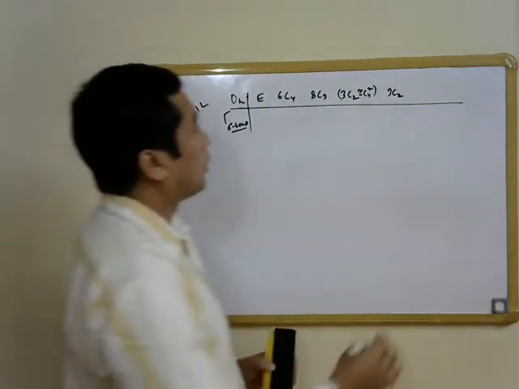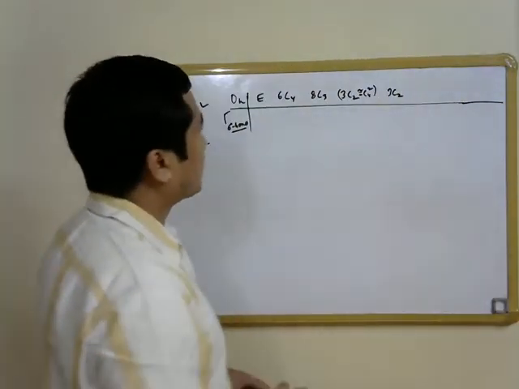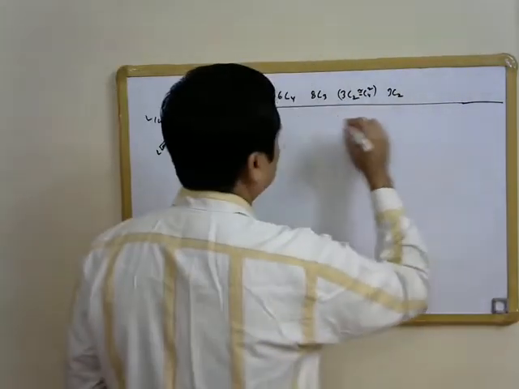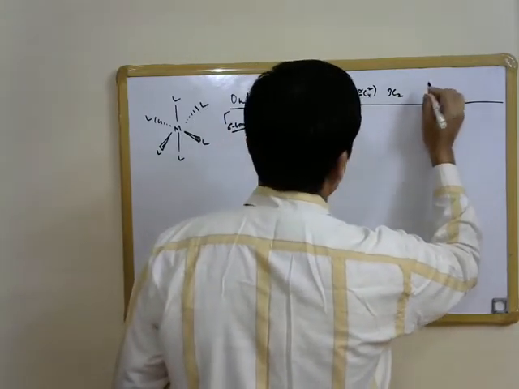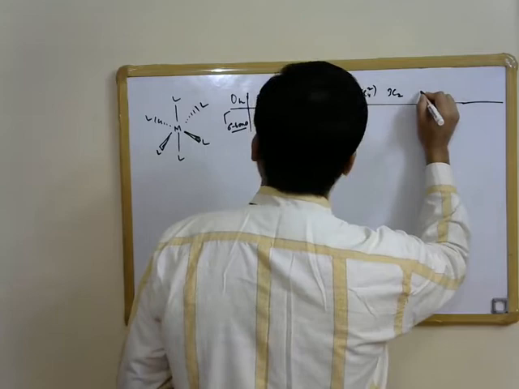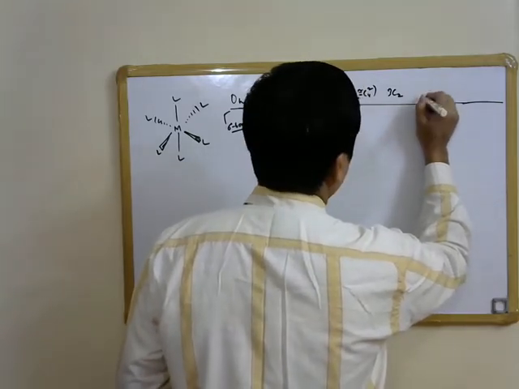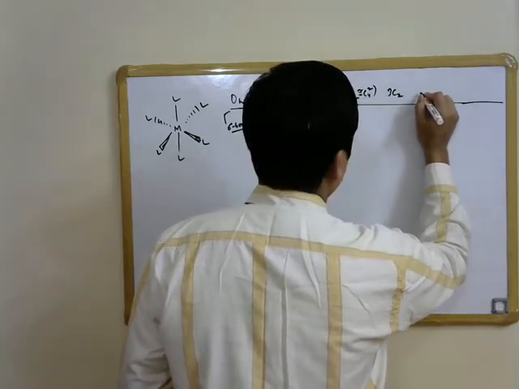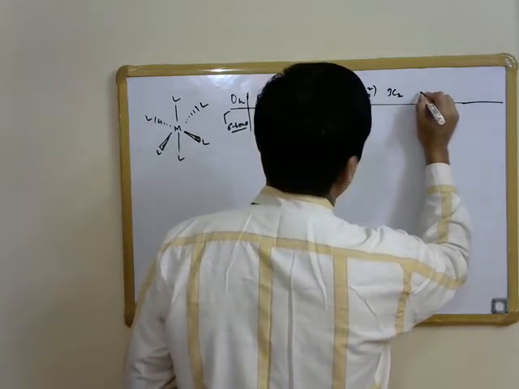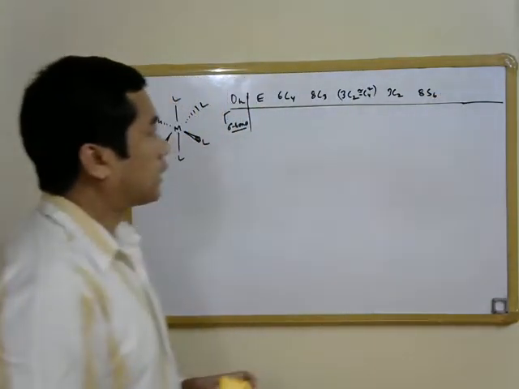Then we have also the S6 axes of symmetry. We have a total of 4 S6 axes, and each of these produces 2 symmetry operations, and that is why we have a total of 8 S6 operations.